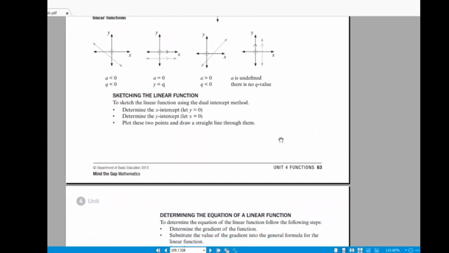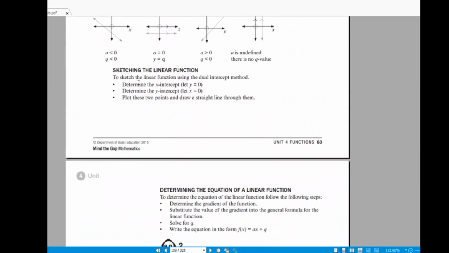So, sketching a linear function. When you sketch a linear function, you have to use the dual intercept method, right? Meaning you have to determine the x-intercept by letting y equal 0 and determine the y-intercept by letting x equal 0, and then plot these 2 points on the Cartesian plane and connect a straight line through them, right?